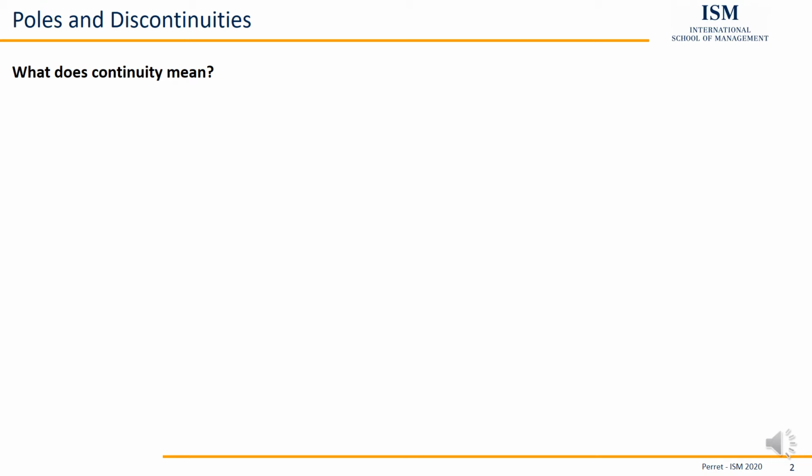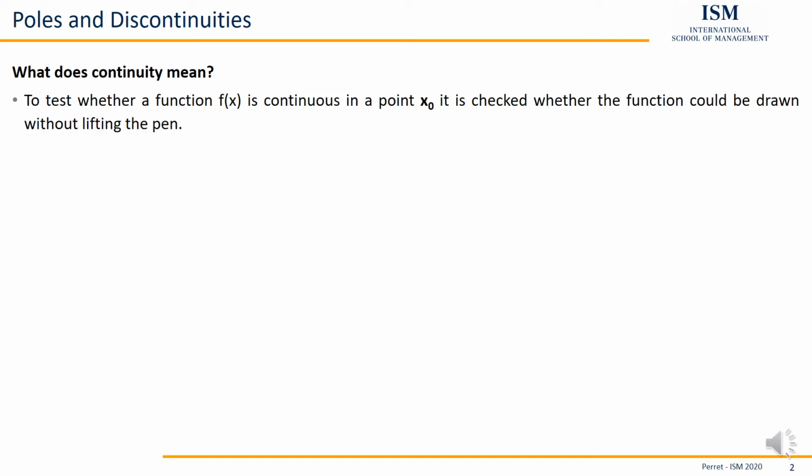Well, if we want to answer it, we actually have two possible approaches we can follow. A more mathematical and a more pragmatic approach. The more pragmatic approach is relatively straightforward. If we want to know whether a function is continuous, especially in a specific point, we simply test if we can draw this function without having to lift our pen.